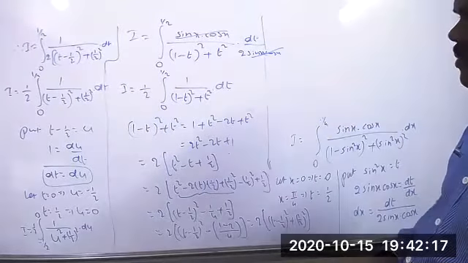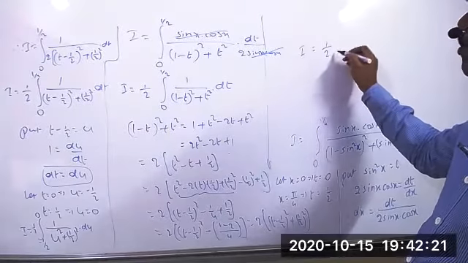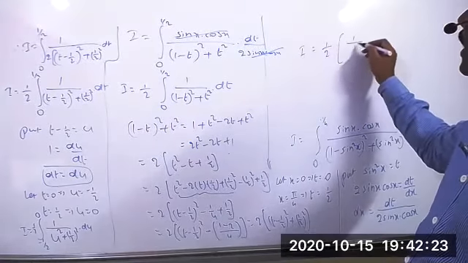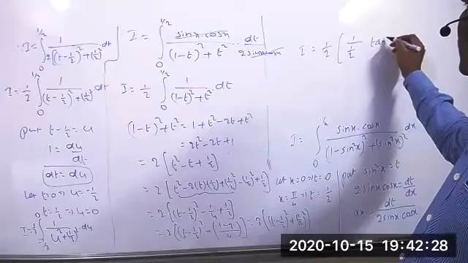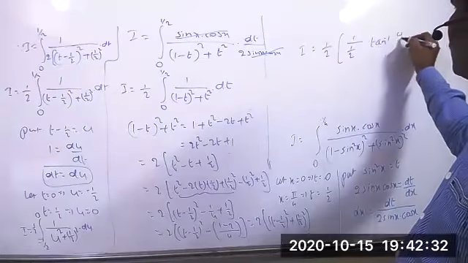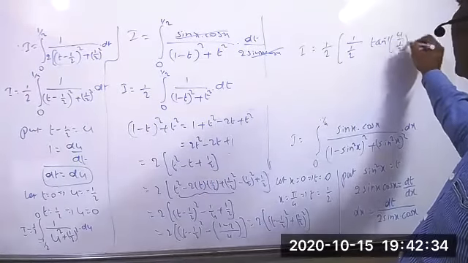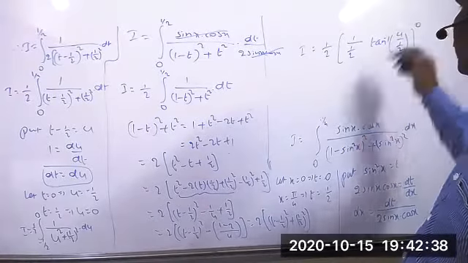So now we can write the value of I equal to 1 by 2 into 1 by a, that means 1 by 1 by 2, and tan inverse of x by a. So tan inverse of x, what you get? u by 1 by 2. The limits also you can take minus 1 by 2 to 0.